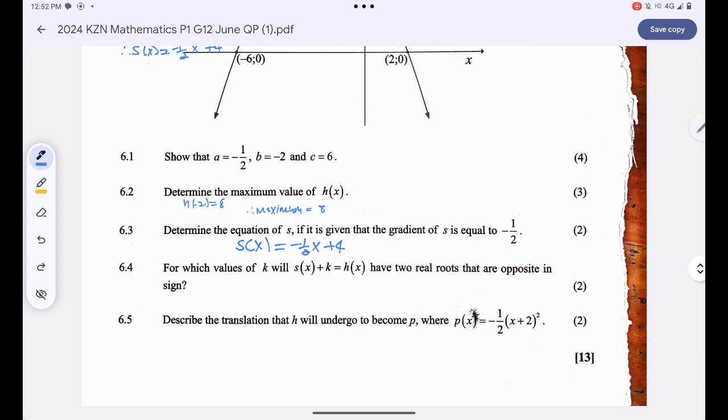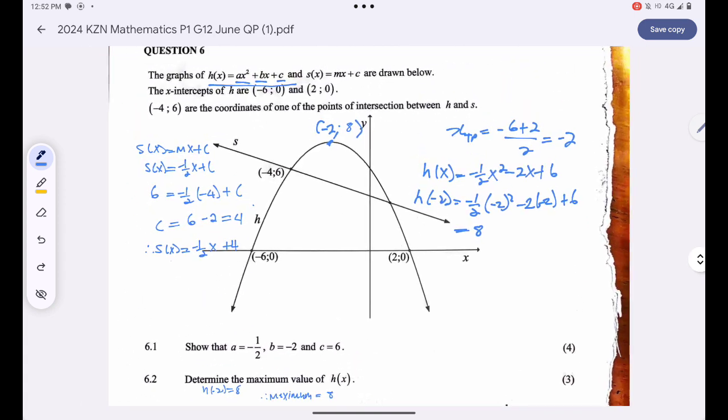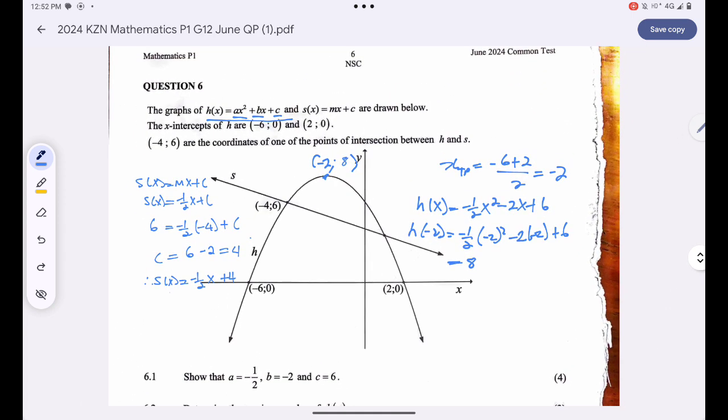Okay, for which values of k will s plus k be equal to h have two roots that are opposite in sign? Okay, the two roots that are opposite in sign, we can only have a situation like that if and only if the two graphs intersect one another below the y-intercept of our parabola.